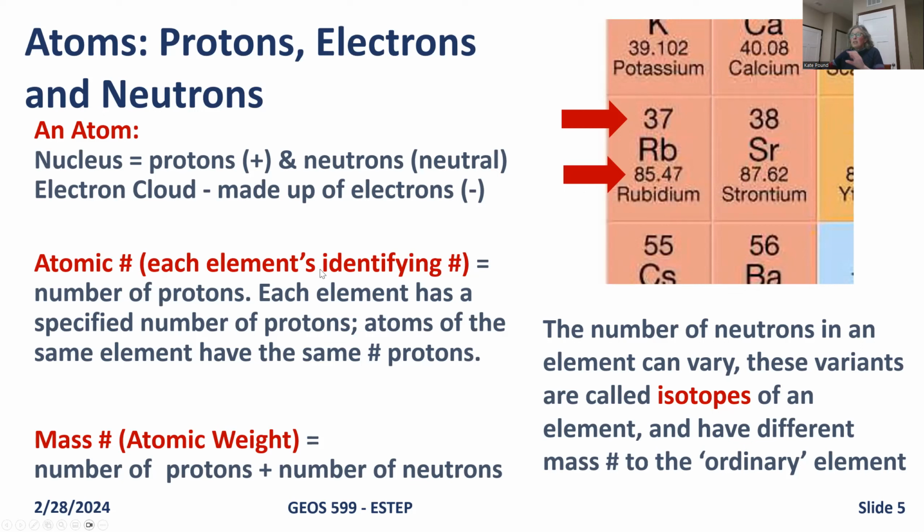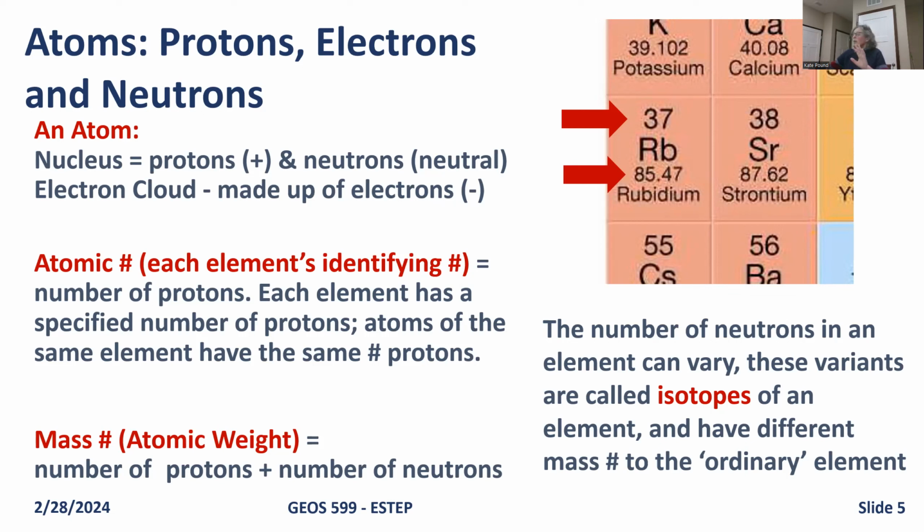Now, the reason it's like a social security number is because atoms are balanced and don't have a charge, so the number of protons always equals the number of electrons, the negatively charged parts. And the number of electrons essentially controls how a particular atom of an element behaves.